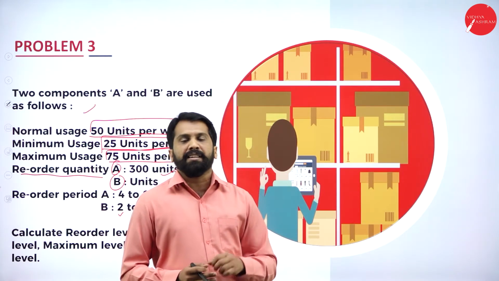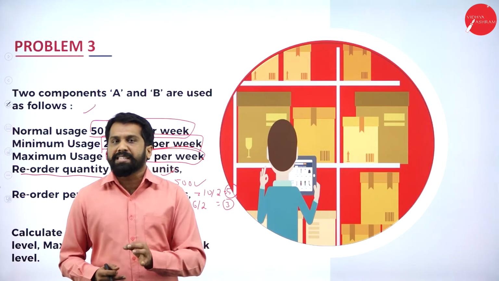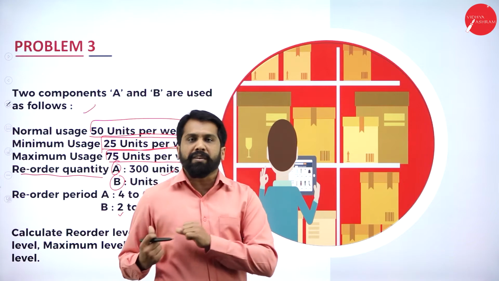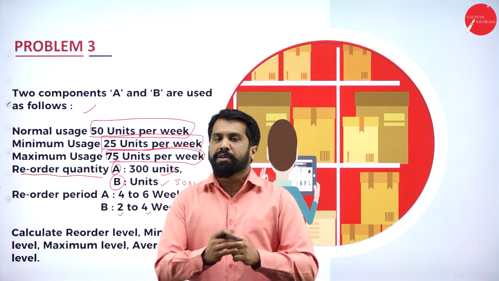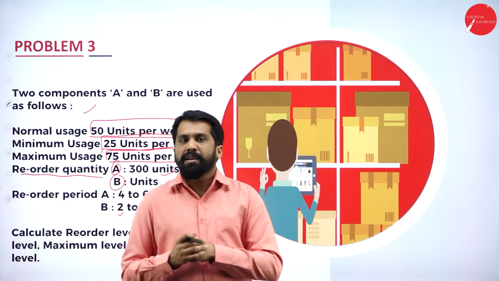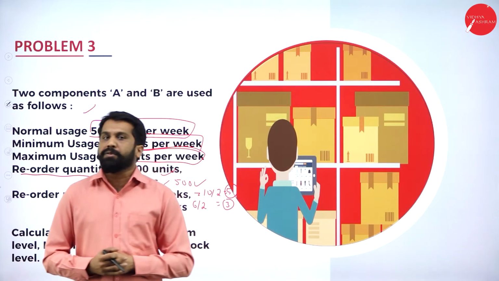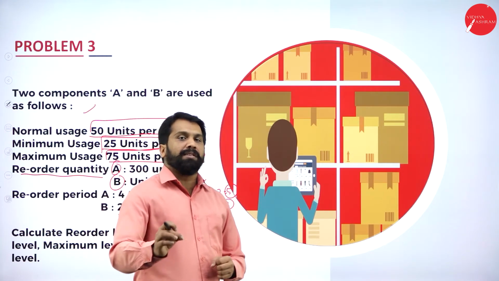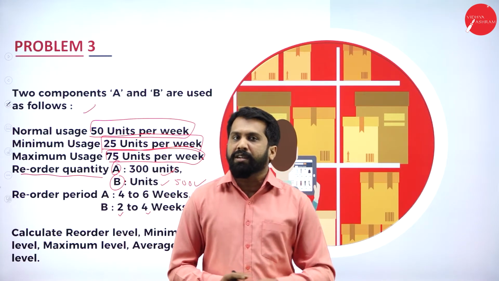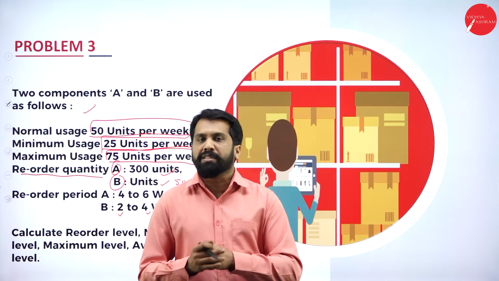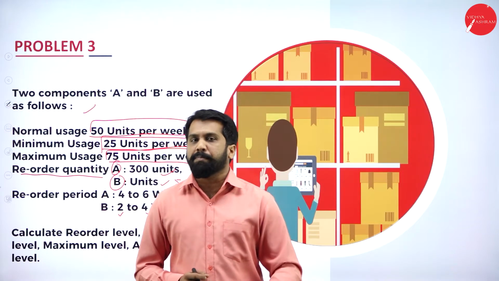So the evaluator expects, even for a minor calculation like 6 divided by 2, that you do it on the calculator and write the answer directly. You never attach your calculator with your answer sheet. Remember that. Even though it is a small calculation, you have to present it in your answer sheet. Then only you can get complete marks.